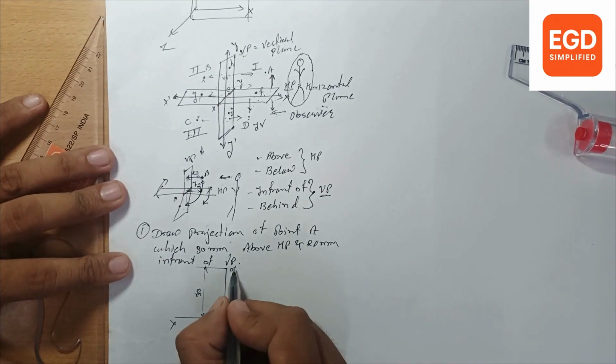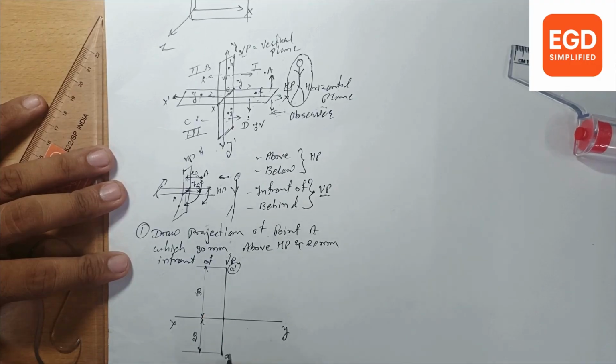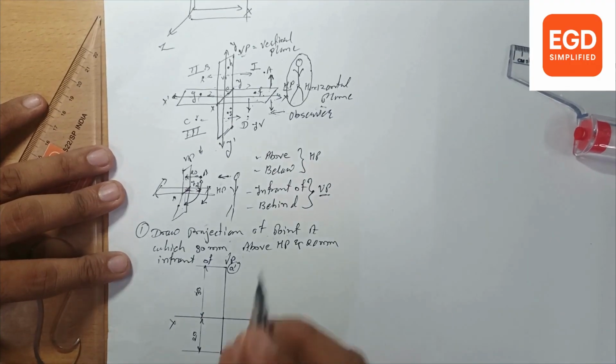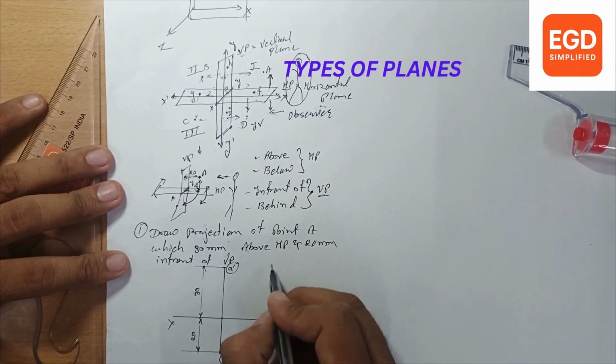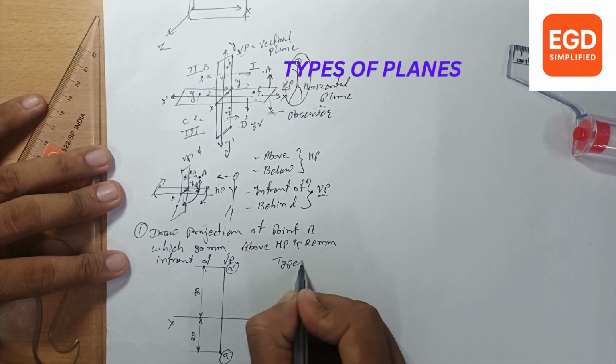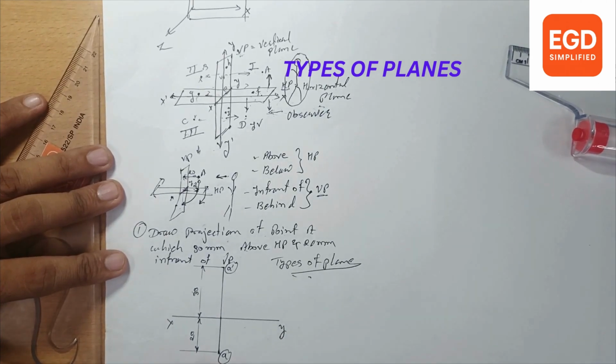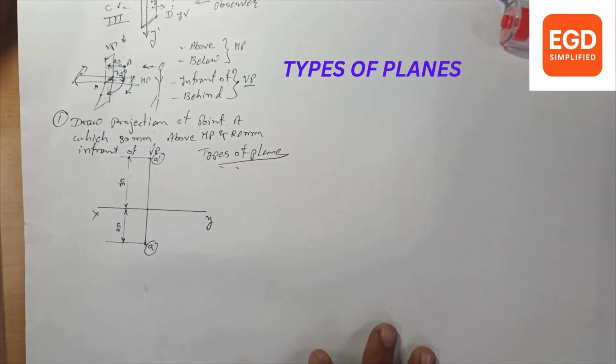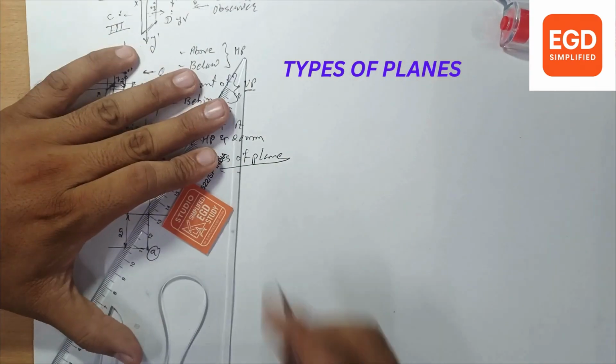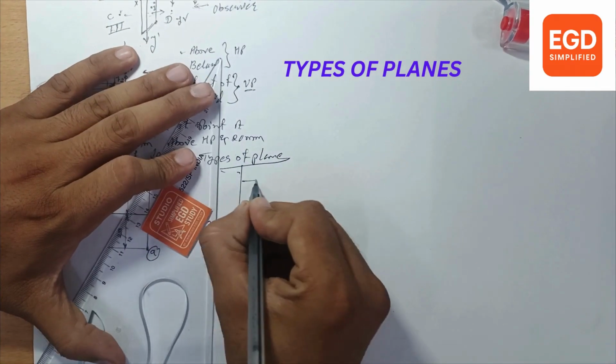Now there is a question: why here A dash and why here A? So we are considering types of planes. There are mainly two types of planes.